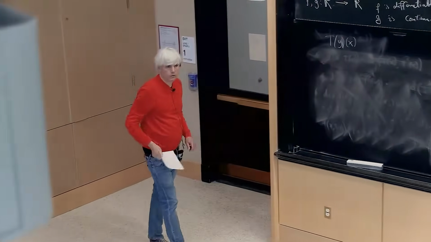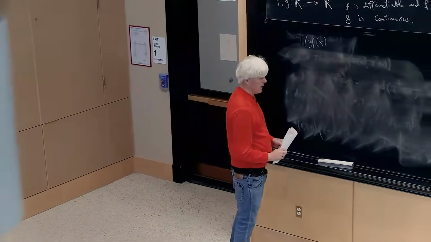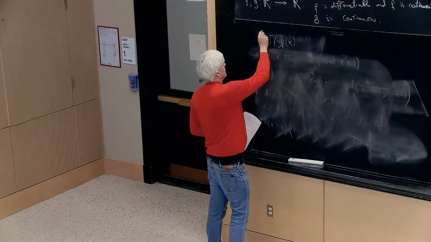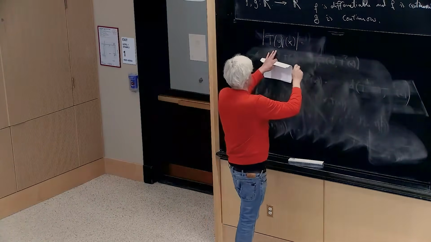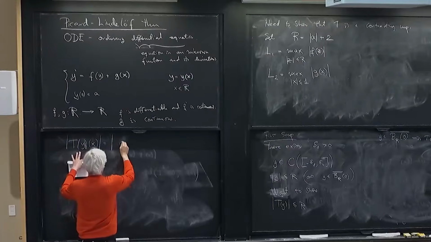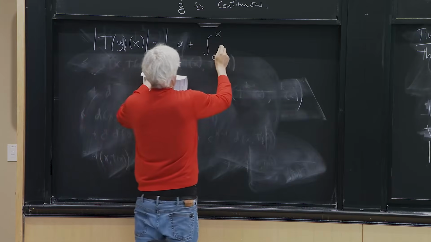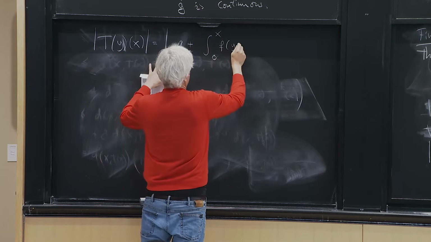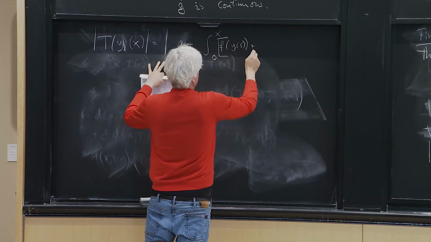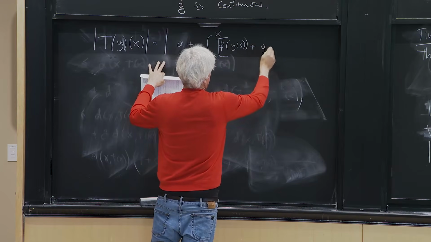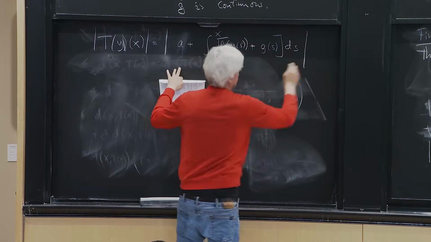We want to say that the norm is less or equal to capital R. This thing here is equal to, since t of y is defined to be a plus the integral from 0 to x of f of y of s plus g of s ds, and then I have to have the absolute value like that.